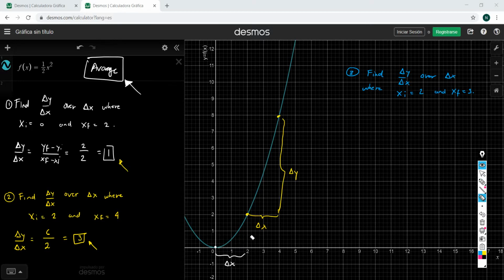Okay. And the same thing for the other, right? As she walks over this interval from 2 to 4, or in other words, as she ascends this mountain from this point to this point, on average she ascends 3 units upwards per unit traveled to the right.